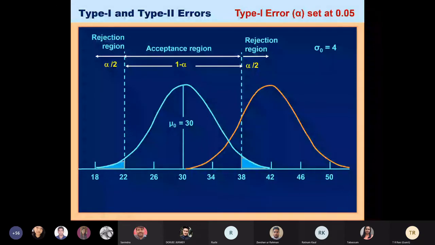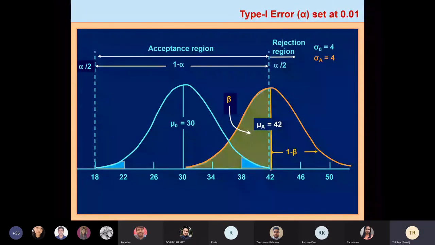Something like that. Okay, not really 30 that we propose, that actually it's probably 14. So now that curve has its own acceptance regions, right? I'm giving the same standard deviation of 4. Now what happened?